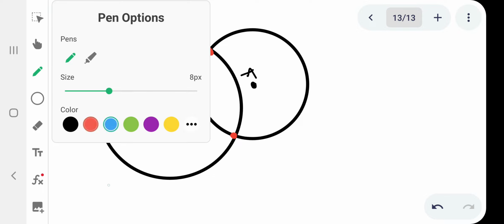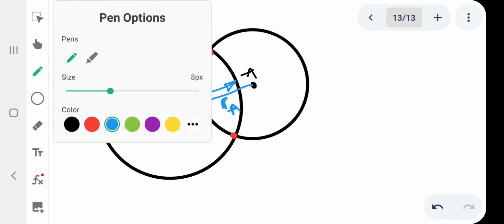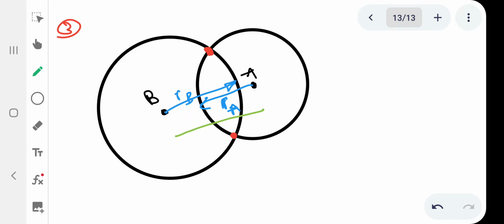And then the two radii: we have the radius of circle A, and we also have the radius of B. And we also have the distance between the two, the distance from A to B. In this scenario, the summation of the radii is greater than the distance. So it means the distance is less than the summation of the radii. Then in this case, the circles intersect at two points, right?